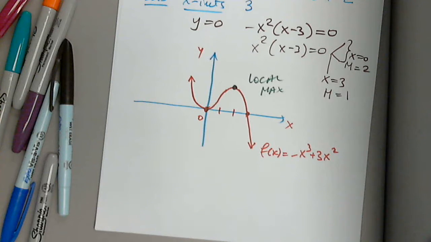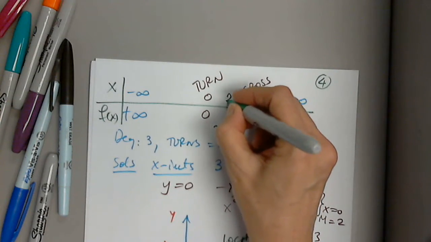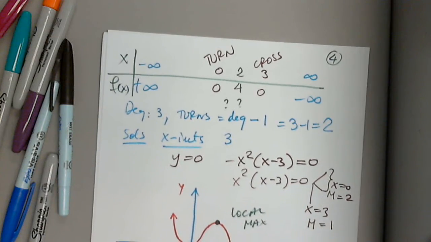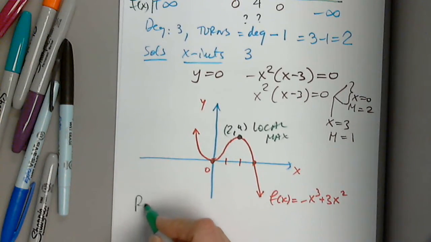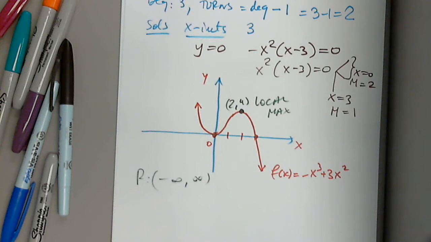We will have many more examples. I'll go back to my table. I will put (2, 4). I will say that this is the local maximum (2, 4). I will determine the range, negative infinity to infinity. Obviously, the function is not symmetric.